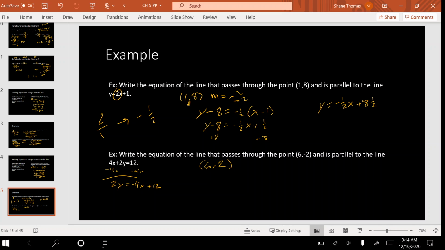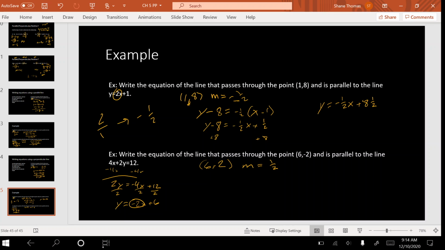Then you would divide the 4x side and the 12 by 2, and you would have y equals -2x plus 6. Okay, good. So I just solve for y to find my slope. What's my slope there now? -2. So my slope's going to be positive 1/2, correct.